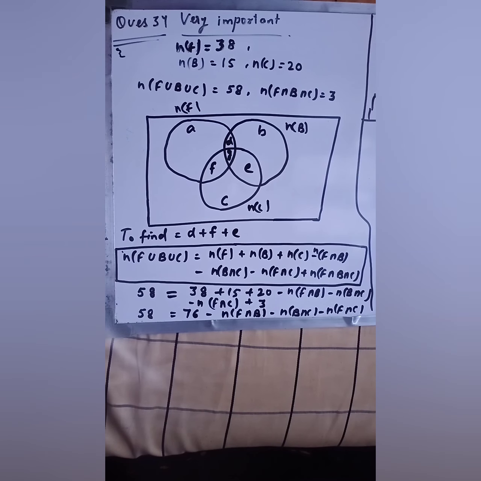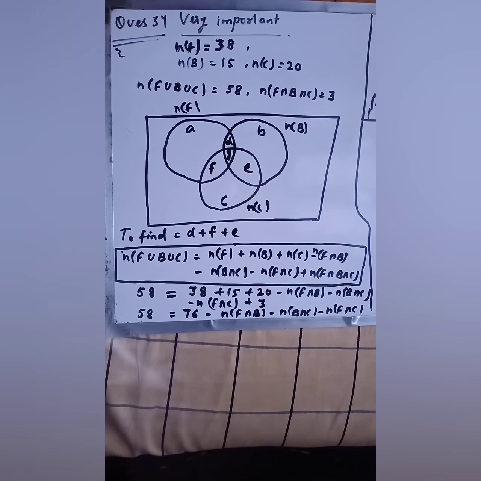Here we have to solve question number 34, example number 34 actually of your NCERT, which is a very important question. So here we will talk about the Venn diagram of three different sets of data. Just see example number 34 of your NCERT.